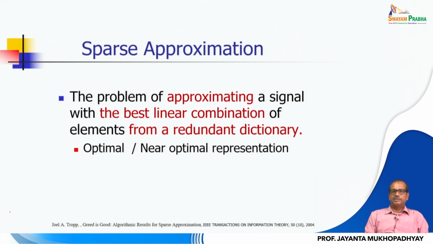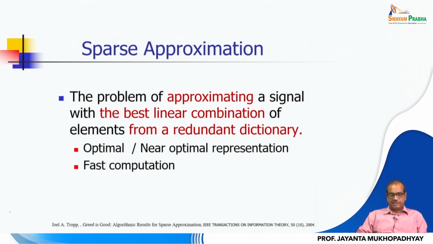So for that we go for near optimal representation. That means with certain heuristics we try to get a solution which is a good approximation, and also sparse.